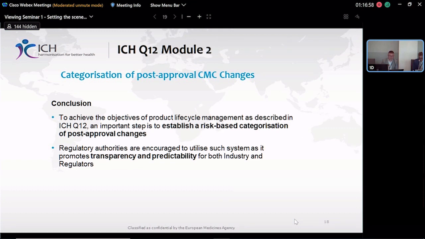And I think in terms of what we've agreed globally for human medicines through Q12, a 3-tiered system that addresses high, moderate and low risk changes is seen as the model that should be pursued and implemented by medicines regulators. If we use a 3-tiered risk-based categorization system, this will promote transparency and predictability, both for the industry and for us as regulators.